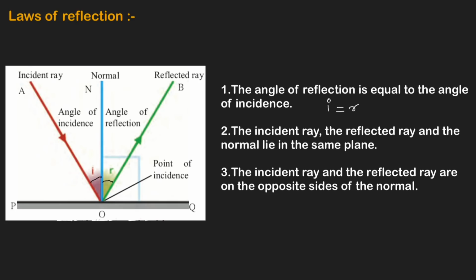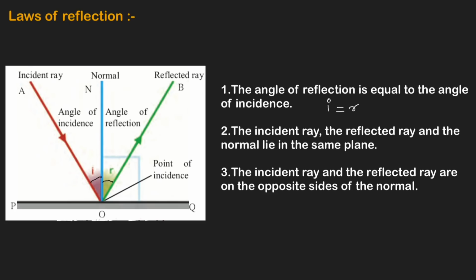In this image, PQ is a plane mirror. On that plane mirror, the incident ray is incident at a point O, where N is the normal to the plane surface or mirror.